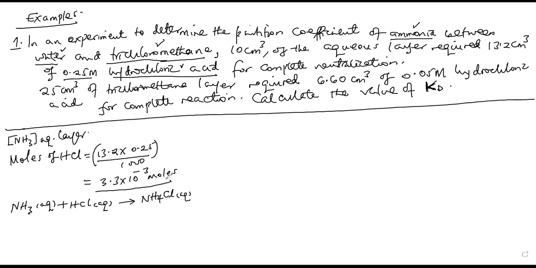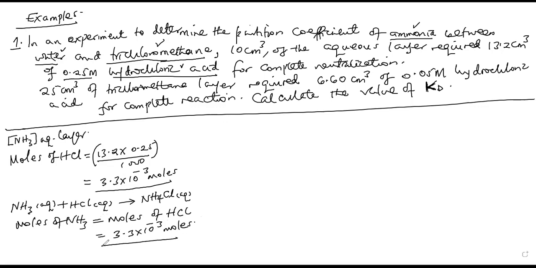Since the reaction ratio is 1:1, moles of ammonia are equal to moles of hydrochloric acid, so moles of ammonia will also be 3.3 times 10 to the power negative 3 moles.